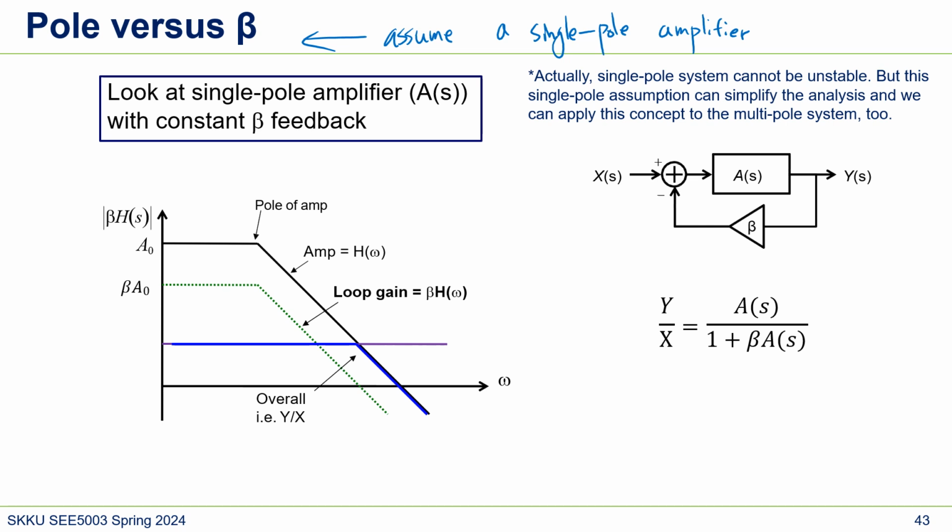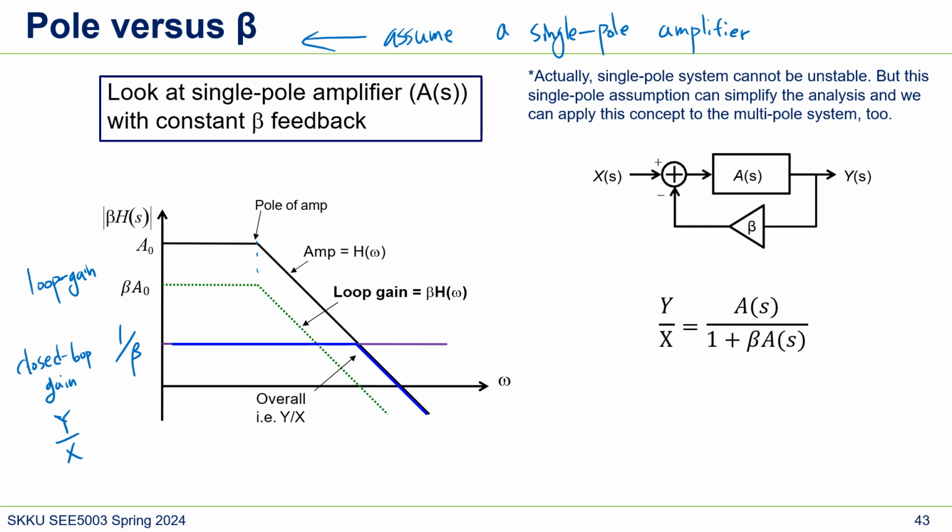This graph is the closed loop gain, and the gain will be 1 over beta. When we say gain, it means DC gain. So beta A0 is the loop gain, and 1 over beta is the closed loop gain, which is y over x.